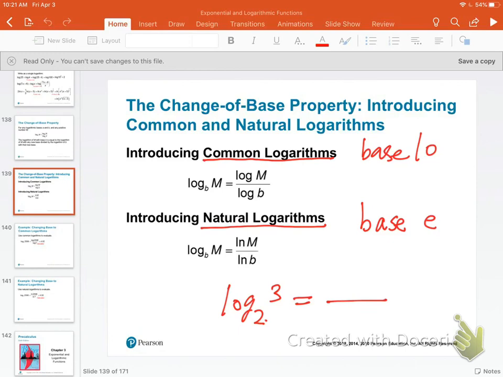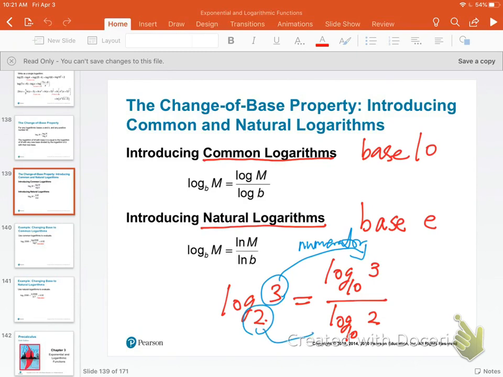So we change log base 2 of 3 to common logs. If you use common log, you get log base 10 of 3 over log base 10 of 2. So it's a common log over a common log. Here the power goes to the numerator for this new base, and the base 2 will be the denominator.